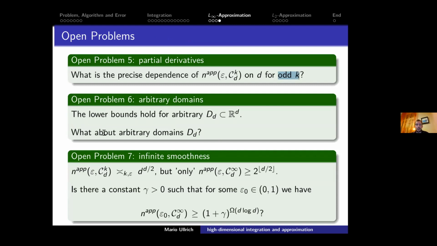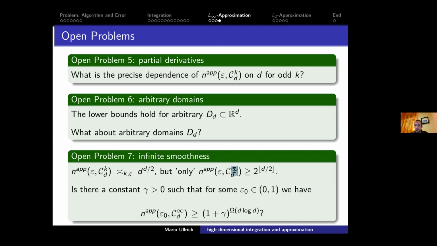I think for approximation, this has a very long story. I never dig very deep into these things. Okay. And almost the last open problem of my talk is again about infinite smoothness. So we get from the results of the last slides that for the approximation problem, you need something like d to the power d over 2 function evaluations, if you forget everything that depends on epsilon, to get an epsilon approximation.